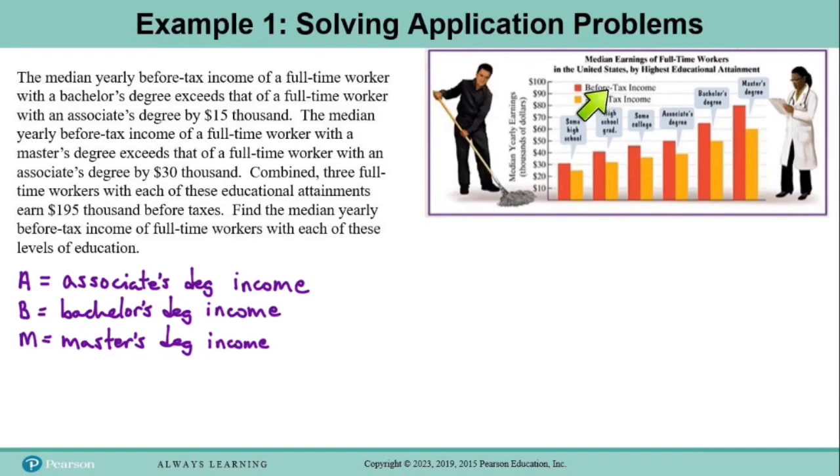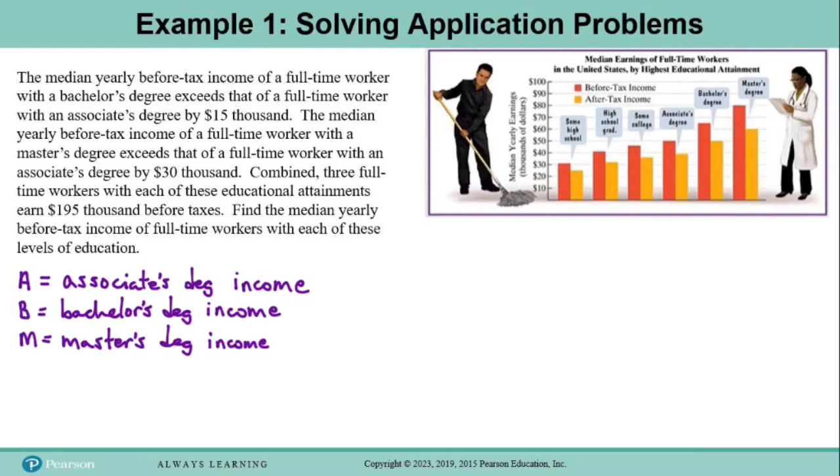You can see on this chart they've broken income out into before-tax and after-tax income. So they're asking us and talking to us about the before-tax part, and it's a median value as opposed to an average value or a maximum value or something like that. But we don't have to differentiate between those things because the problem only ever refers to median yearly before-tax income.